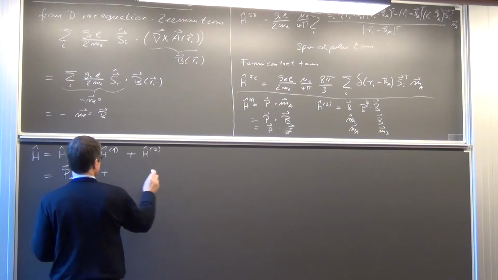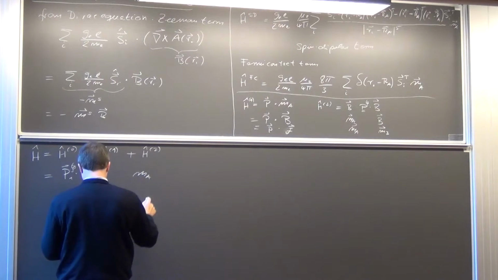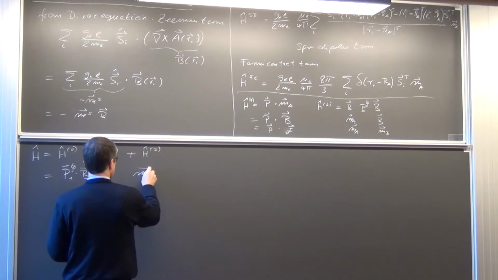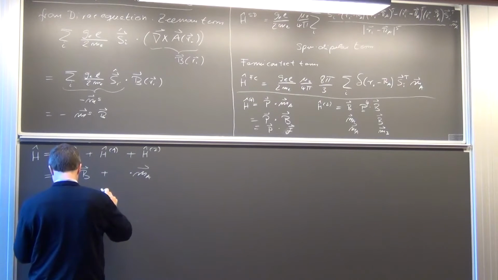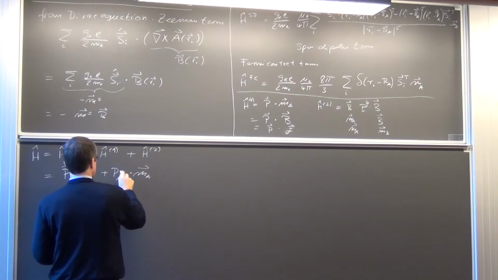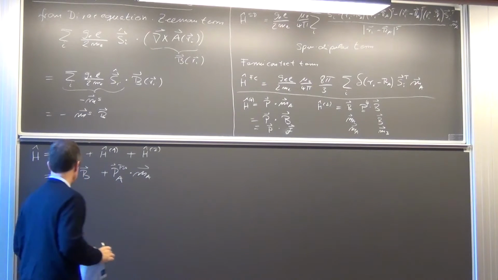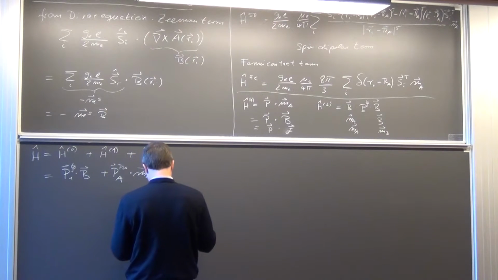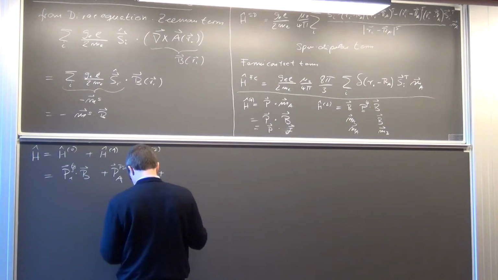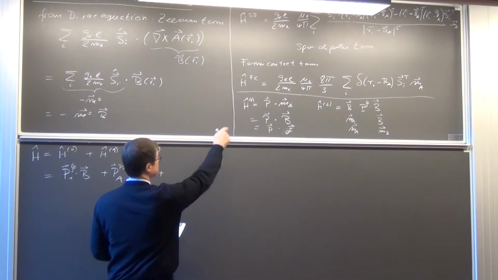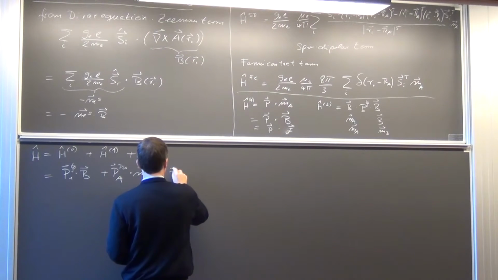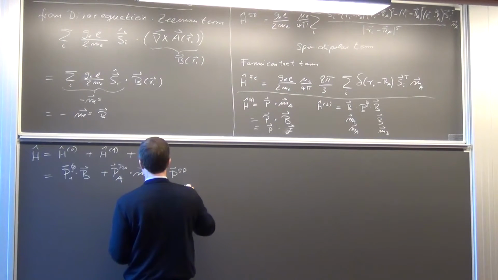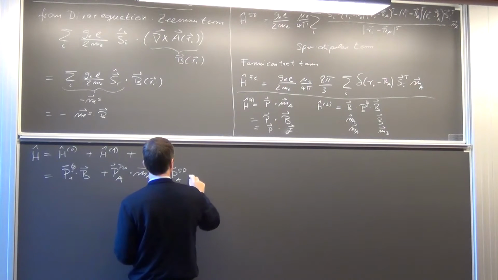Then we got a term which depends on nuclear magnetic moment, and that was called the PSO term, PSO contribution. And again, I just keep it with one nucleus, at least there. Then we got this term coming from the spin, so it's a spin dipolar, SD.